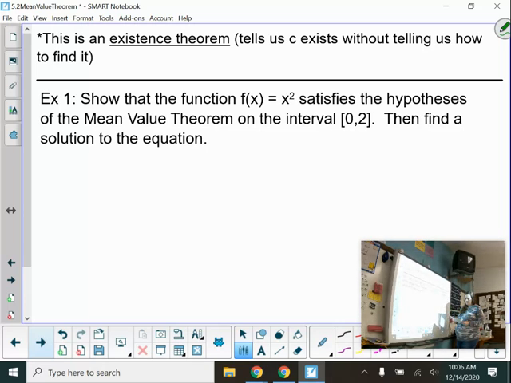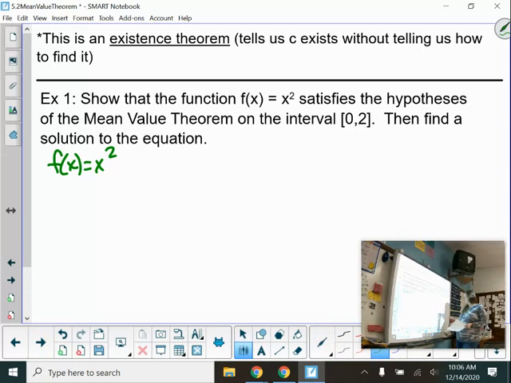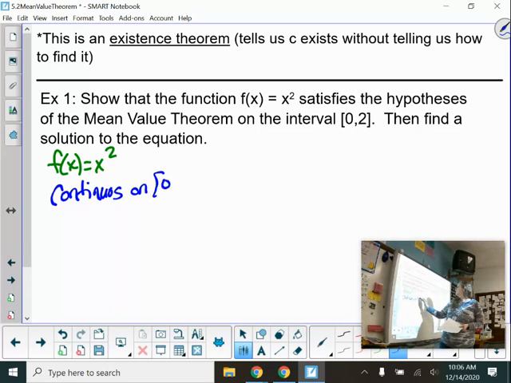Well, first of all, to satisfy this, f of x is equal to x squared. This is continuous on 0 to 2. It's a polynomial. All polynomials are continuous.